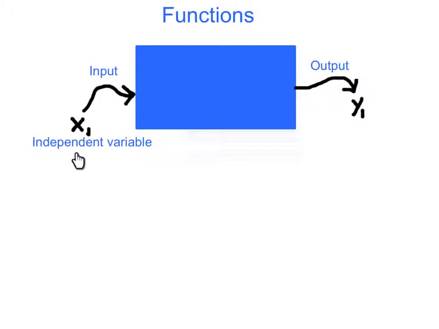Our input, which is an x value, is our independent variable. Our output is a dependent variable. The output depends upon the input, which is the independent variable.